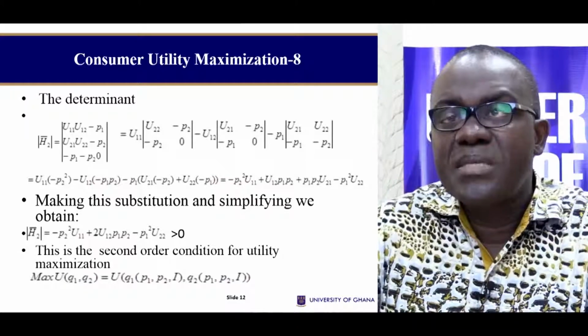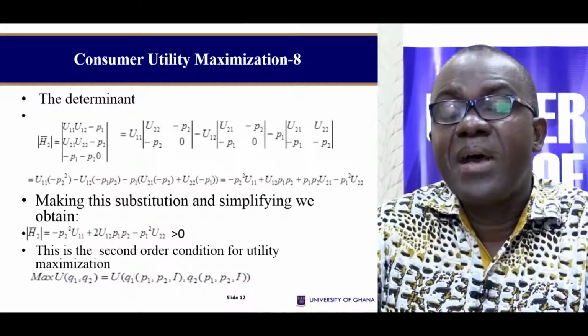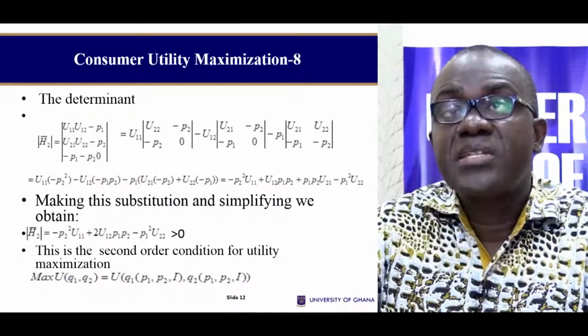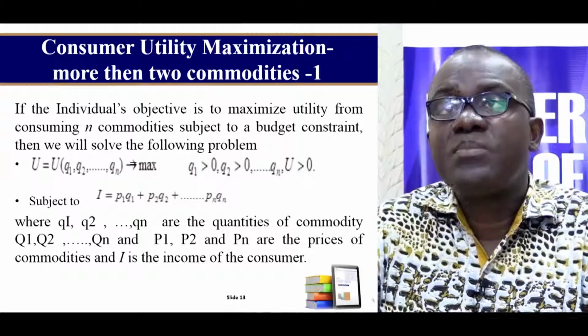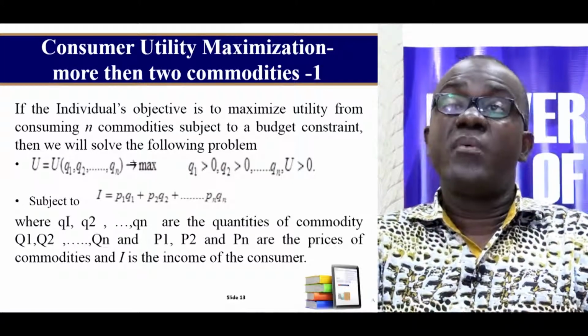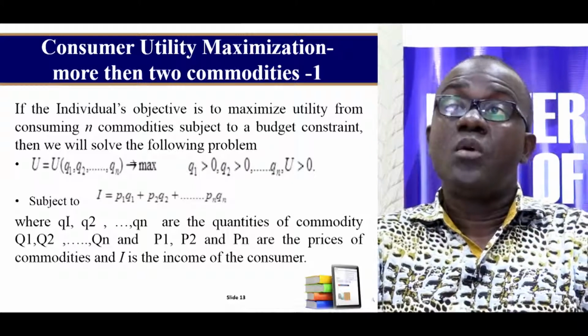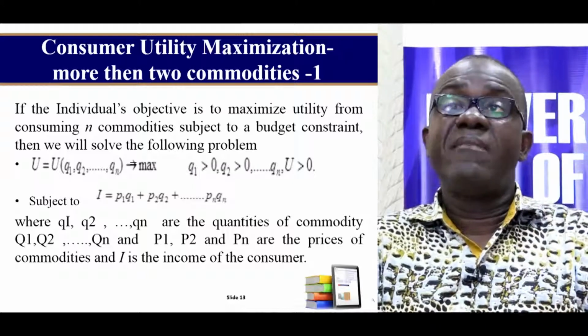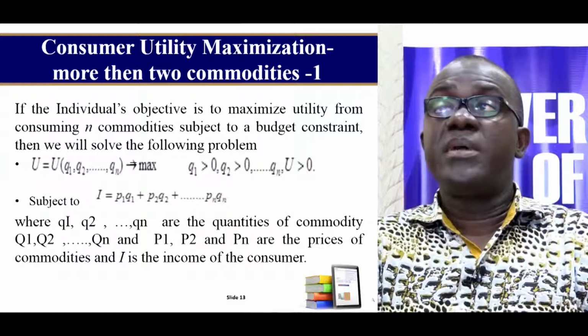Further, we can plug this demand into the equations, and then we have our maximum satisfaction based on our maximum demand. Again, we have looked at a situation where we have 2 commodities, but we can have a number of commodities, n commodities.